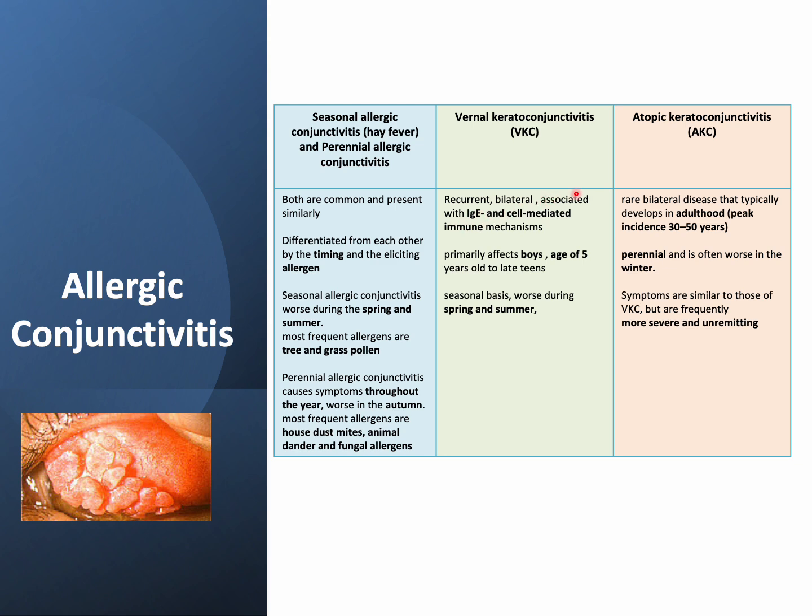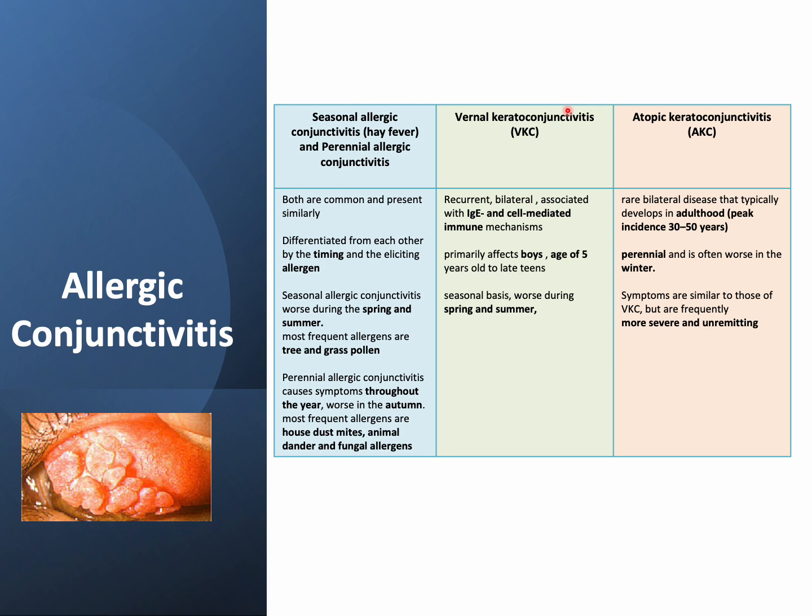The third and fourth types are vernal keratoconjunctivitis and atopic keratoconjunctivitis. From its name, it has kerato and conjunctivitis. Kerato is the cornea, and conjunctivitis is the conjunctiva. So it can have some effect on the cornea. That's why it is considered a severe form.